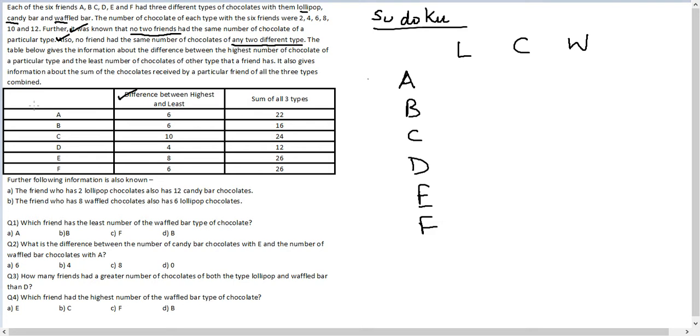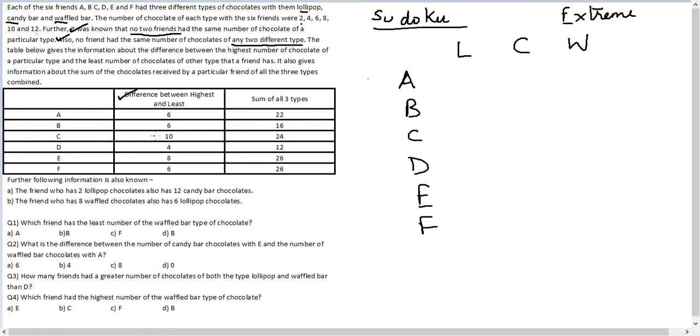Now when you are analyzing this table, the important thing to note is these are differences in sums given to us. Whenever you're dealing with numbers and you have to fit numbers somehow, what works wonderfully well is extreme cases. When you're looking at the difference between the highest and the least, the largest difference you can have is when you have 2 with someone and also 12 with that same person. 2 and 12 together give you a difference of 10.